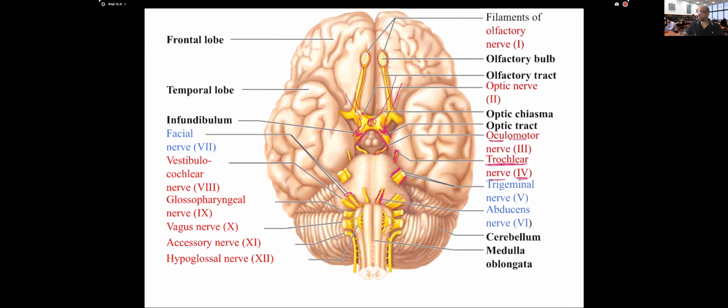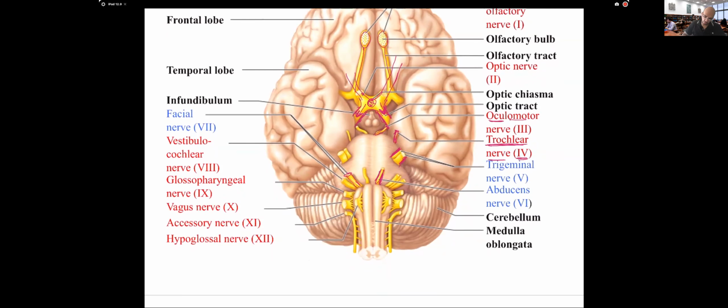Moving down from the medulla, we've got the nerves that will be conducting the hearing sensation, as well as the dynamic and static equilibrium sensation. This is my vestibulocochlear nerve, or cranial nerve number 8.